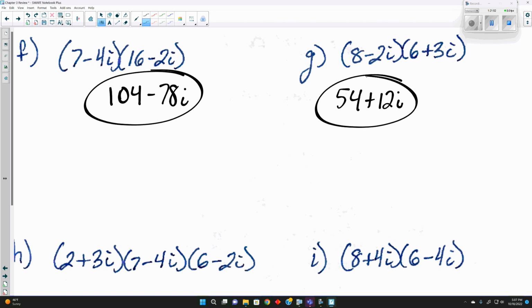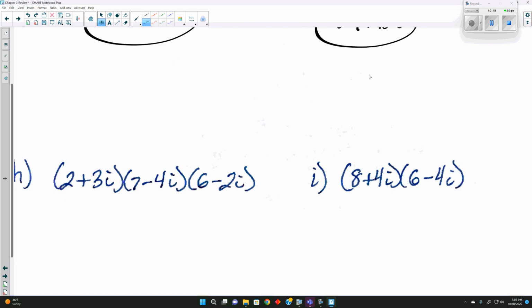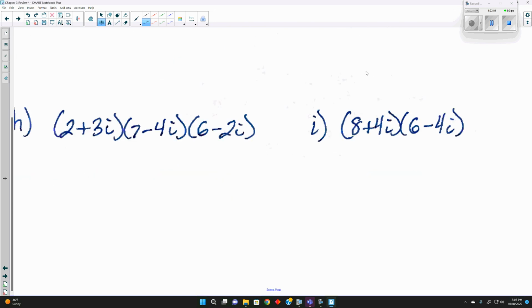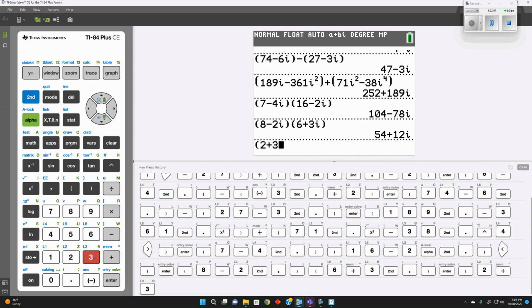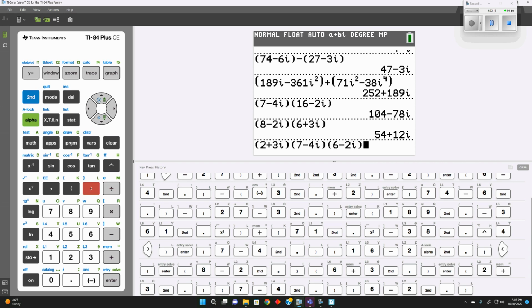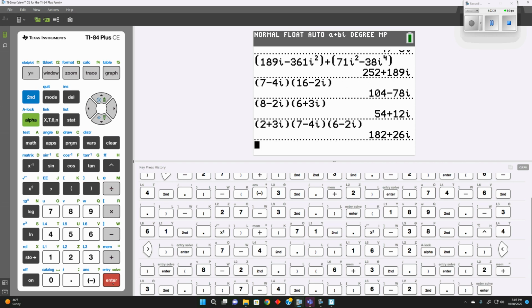So at this point here, we're just plugging these into the calculator and letting it do it for us. Even with 3 terms, we can still type this all into the calculator. So we can do (2 plus 3i)(7 minus 4i)(6 minus 2i), enter.